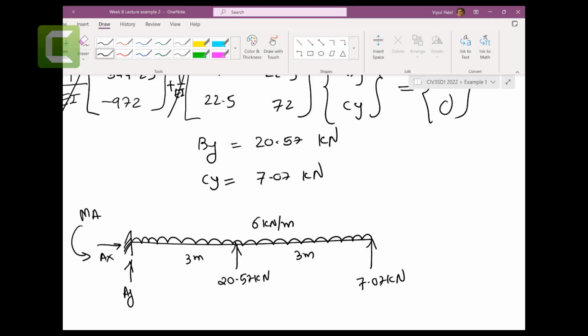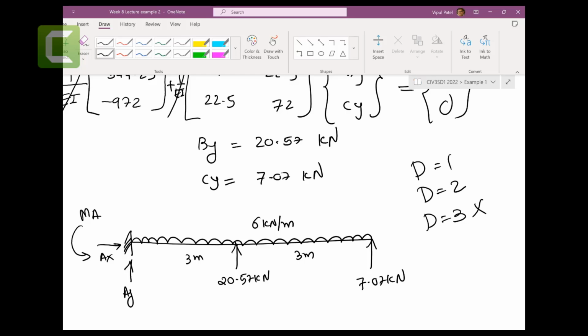these methods that you have seen, that method is used only when you have degree of indeterminacy 2. If you have degree of indeterminacy 3, then this becomes quite complex by hand. Quite complex by hand in the sense that it's not possible.